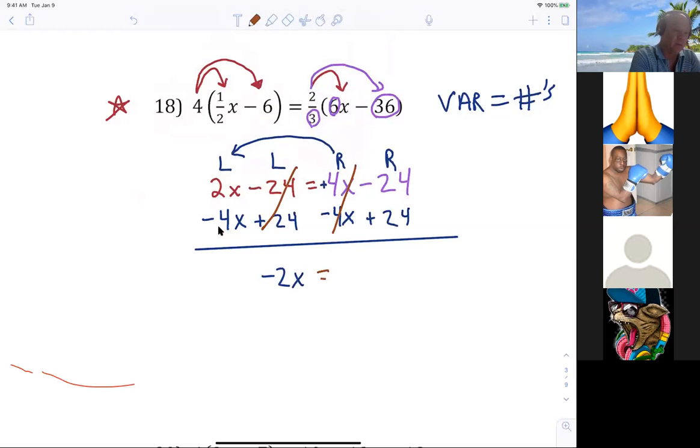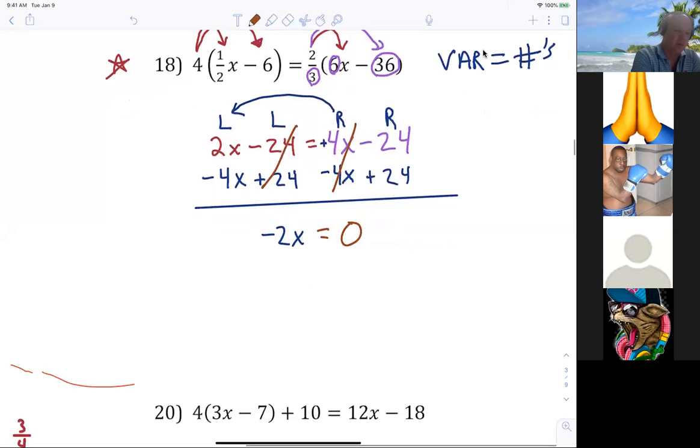And now negative 2x equals 0. All right, is everybody with me on that? Anybody have any question? Okay, so now what we want to do from here is we just divide by negative 2. So x equals 0.